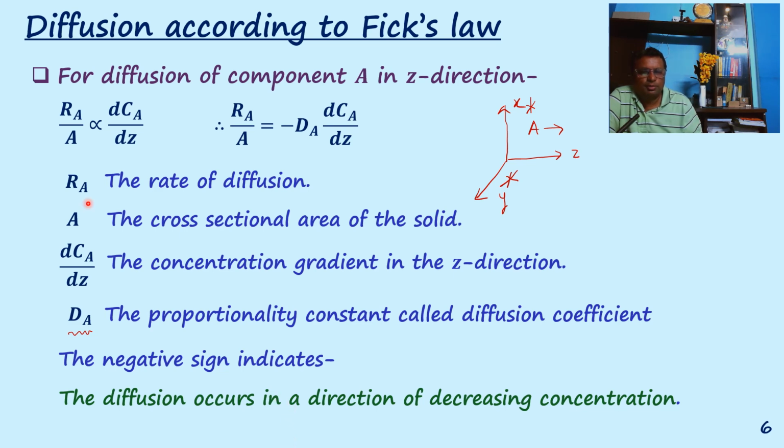Diffusion will be taking place from a point of high concentration to a point of low concentration. In order to indicate that, we need to have a negative sign over here. So the negative sign indicates diffusion occurs in a direction of decreasing concentration.